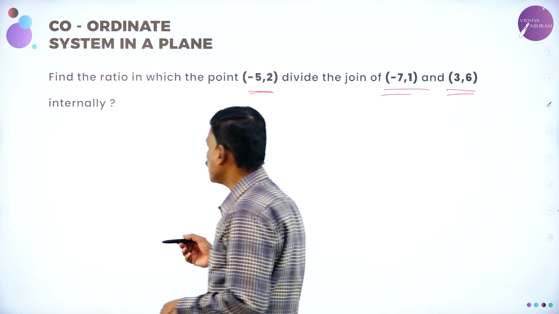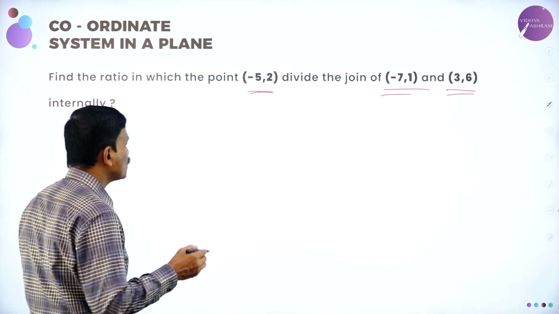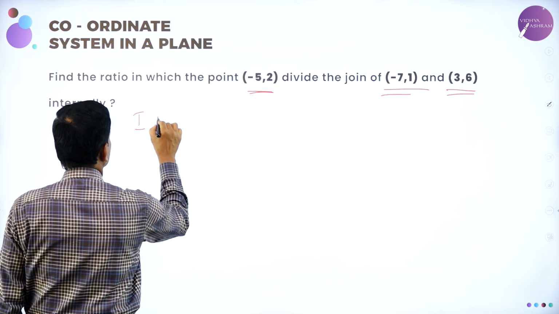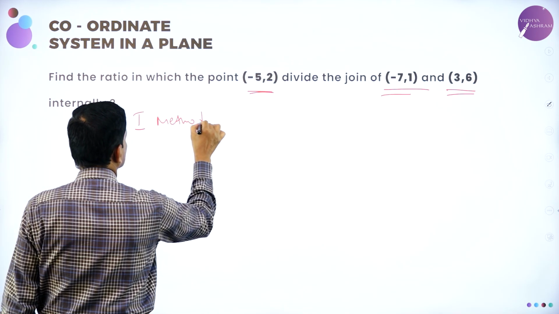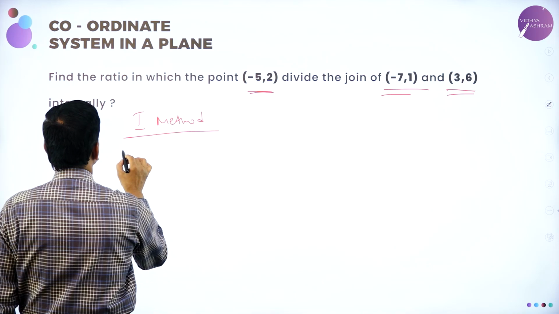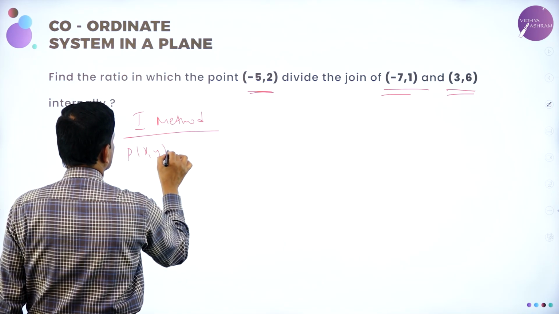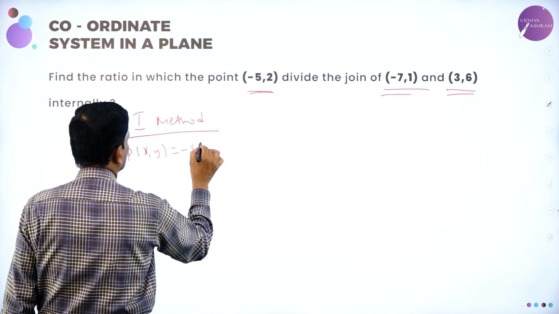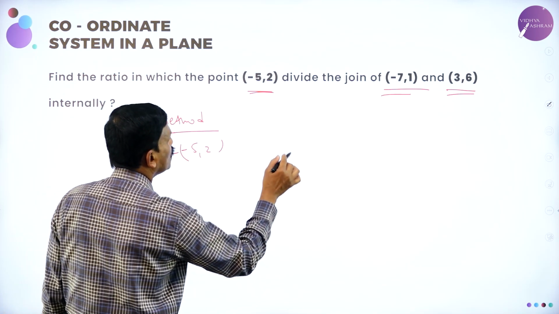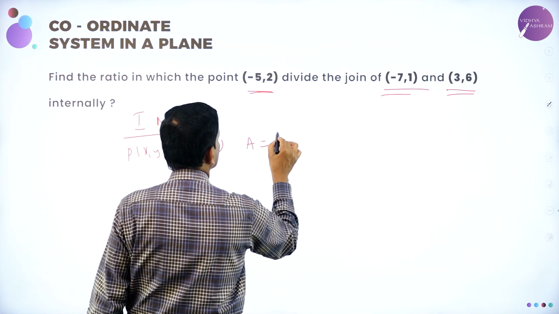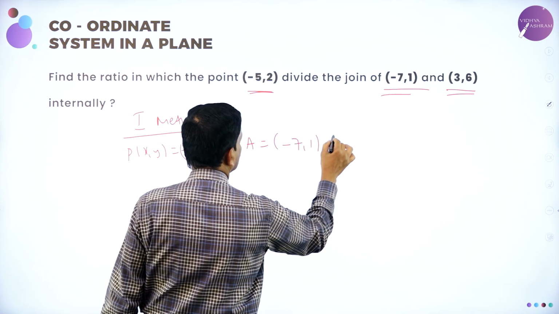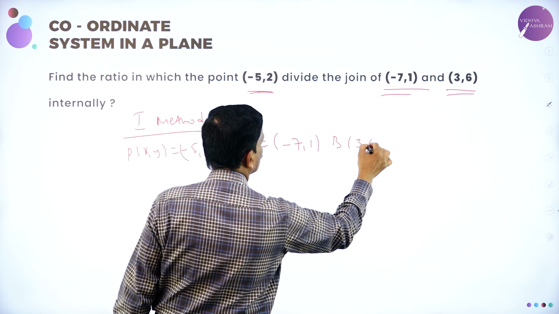Now let me explain, there are so many methods. Let me explain the first method. What is given here? The points are given. P x comma y is equal to minus 5 comma 2 and the points are A minus 7 comma 1 and B 3 comma 6.